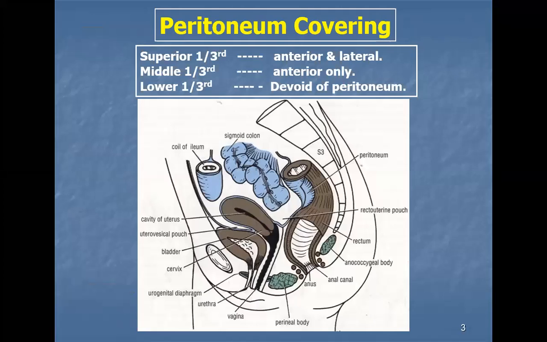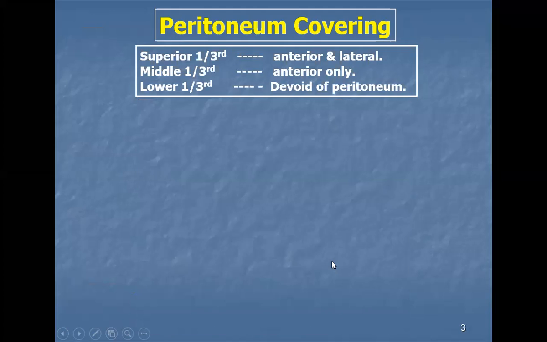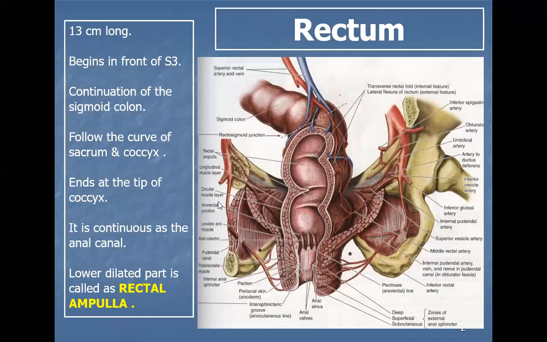If you see here, this is the curvature. So the rectum is curved because of the curvature of the sigmoid colon and because of the sacrum and the coccyx. It ends at the tip of the coccyx and continues as the anal canal.